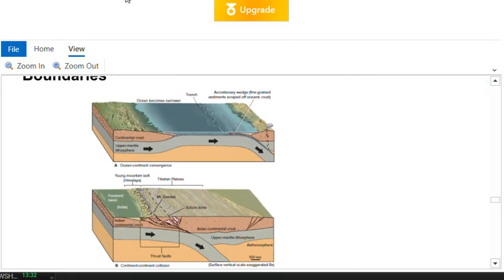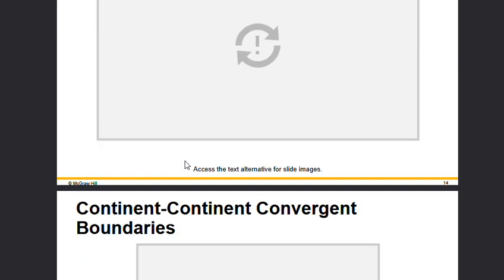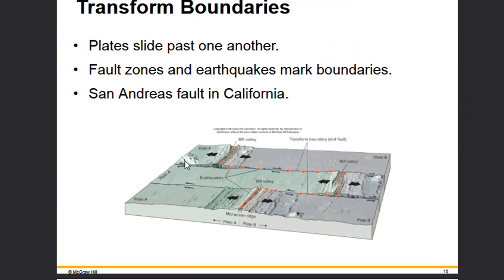The last type of plate boundary is the transform boundary. These are places that slide past each other, right?